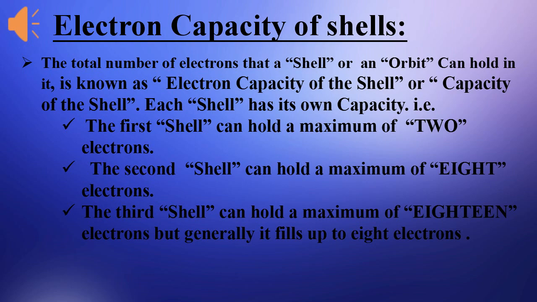That is, the first shell can hold a maximum of 2 electrons. The second shell can hold a maximum of 8 electrons. The third shell can hold a maximum of 18 electrons. But, generally, it fills up to 8 electrons.